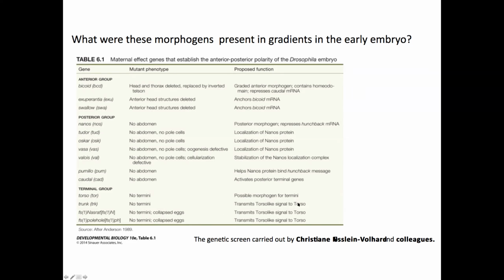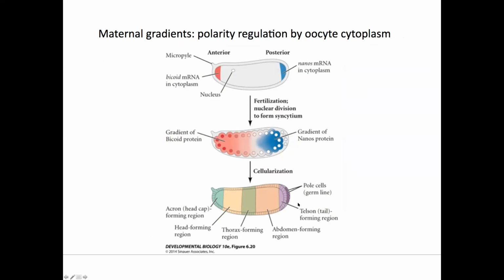Okay, so what the embryo first invests in is reading the bicoid mRNA and the nanos mRNA, nanos protein gradient. So bicoid will be present from the anterior to the posterior. The opposing gradient of nanos from the posterior to anterior will split the embryo into 2 halves.